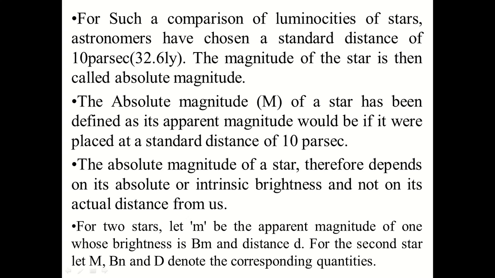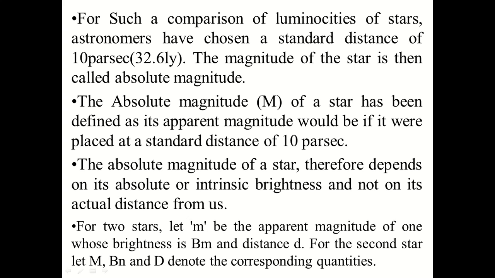The absolute magnitude of a star therefore depends on its absolute or intrinsic brightness and not on its actual distance from us, because the absolute magnitude gives the apparent magnitude at a distance of 10 parsec.